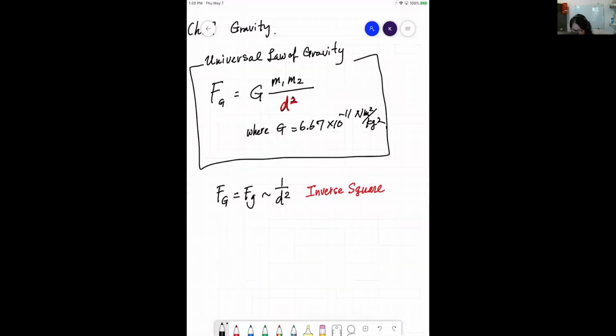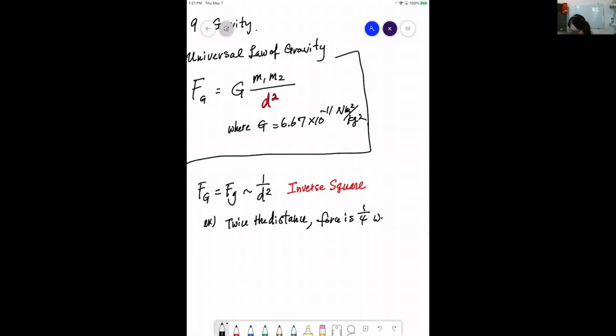For example, twice the distance, the force is 1/4 weaker. 3 times the distance, and the force is 1/9 weaker.